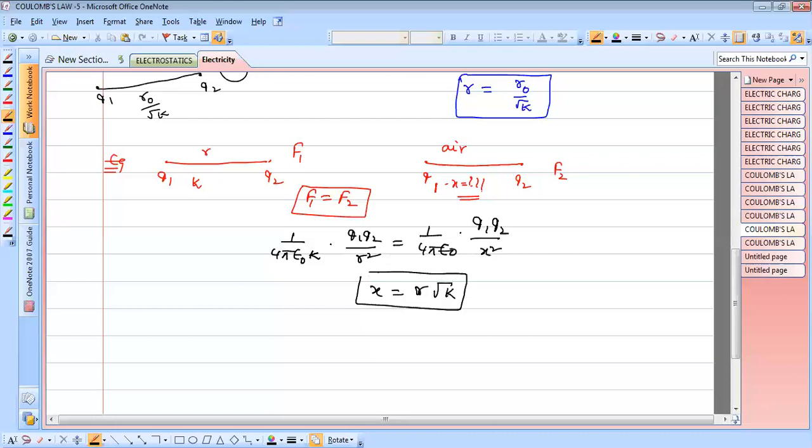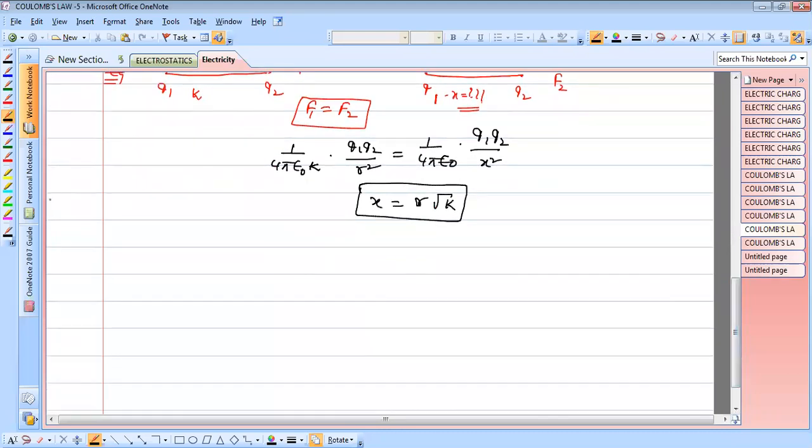So what does this indicate? Now I'm writing the very, very important concept from these two examples. What are the two important concepts here?